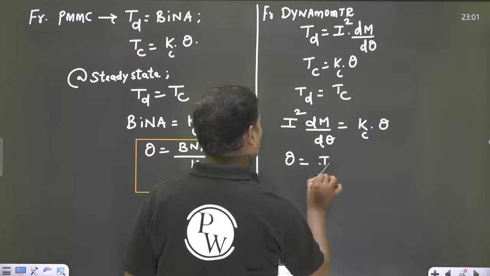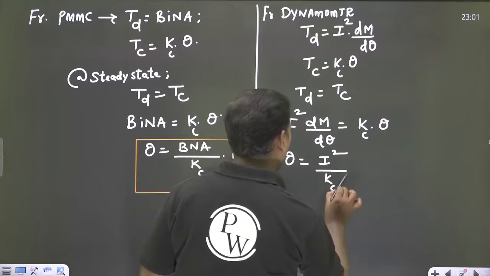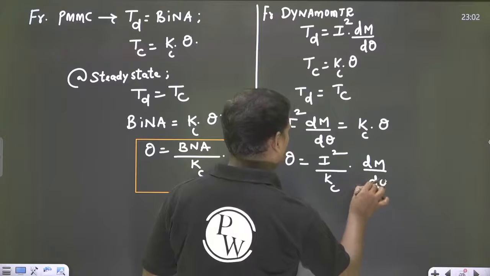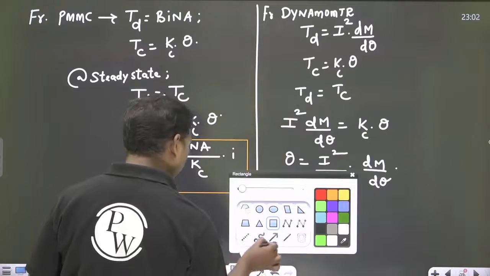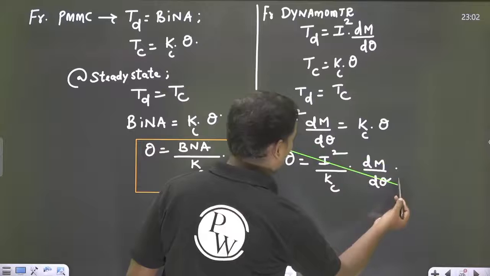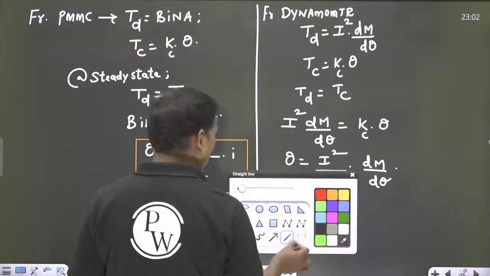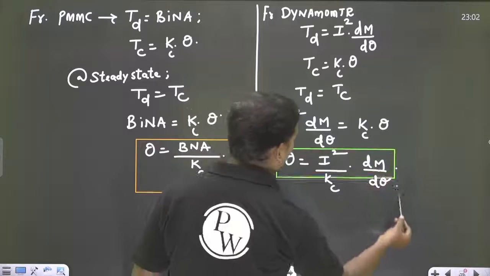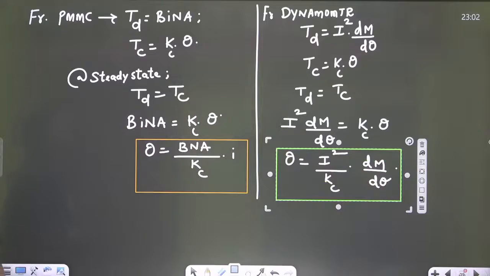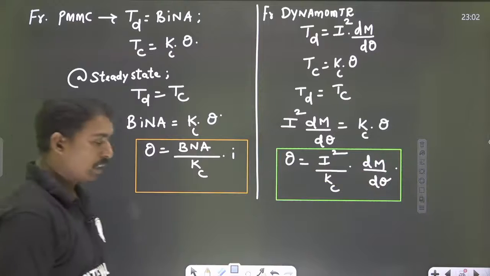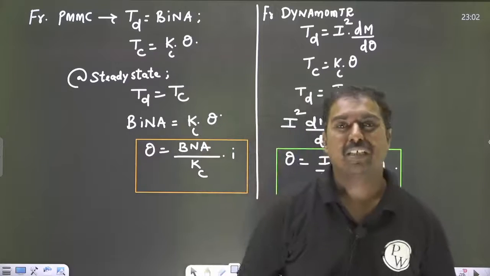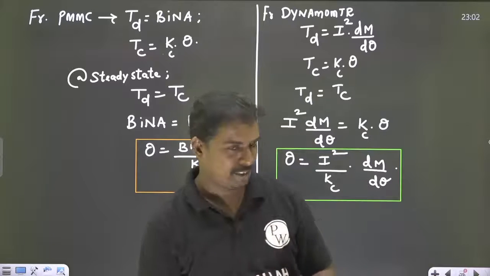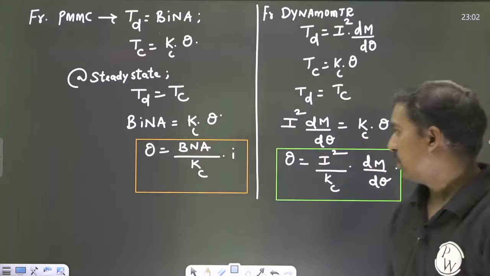So theta is equal to I square by Kc into dM by d theta. So this is the expression. Basically, it works on the mutual inductance. These are two expressions. Very good question. Actually, this type of questions is necessary. Simply asking on one instrument formula, but here comparing two currents. So what is the question here?